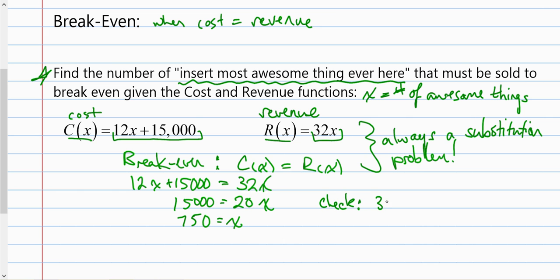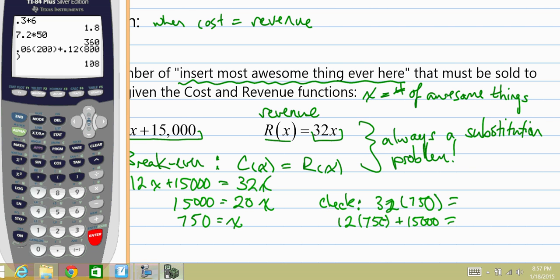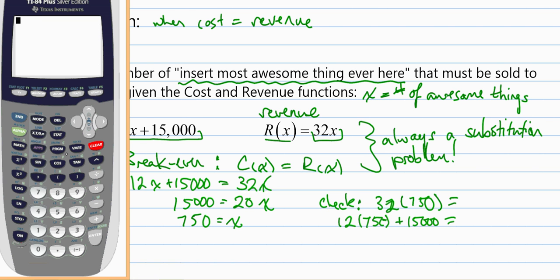If I do 32 times 750, I get out one thing, and if I do 12 times 750 plus 15,000, I should get out the same thing. So I'm going to grab my calculator, and we'll see how this goes. Clear it out, it's a little busy.